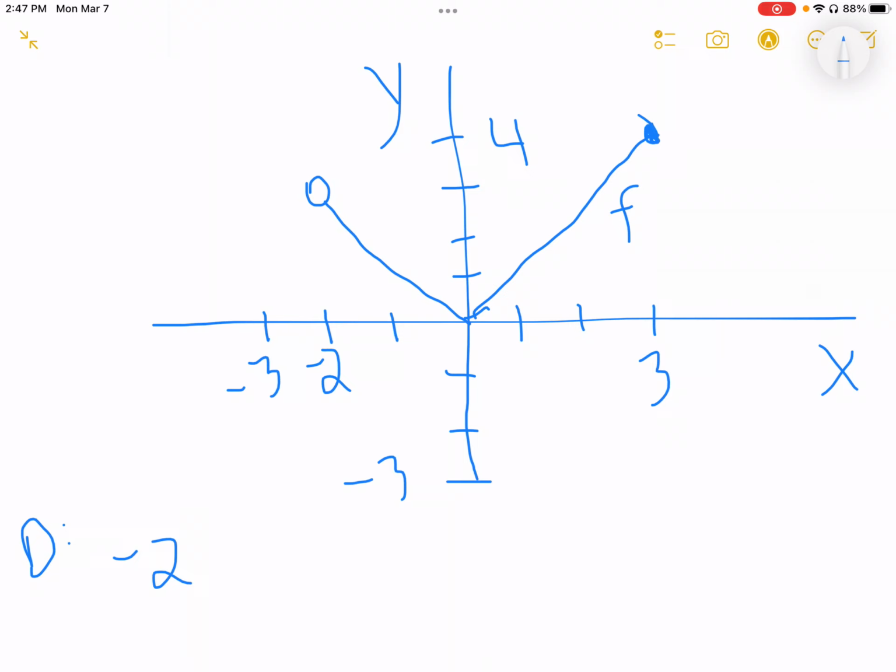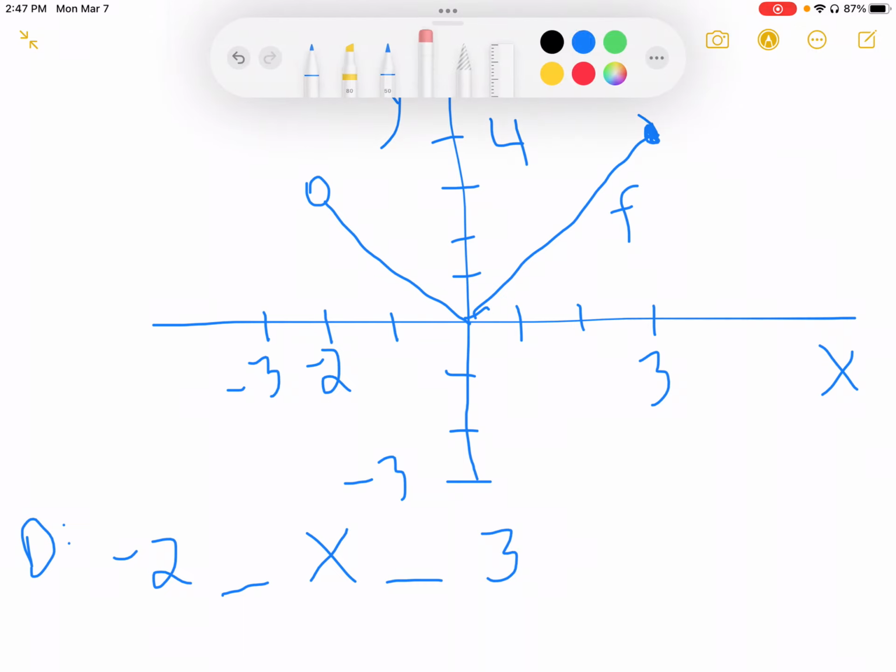That's what's going to go in these blanks, but we'll write x here, and then our top value for x, which is 3.